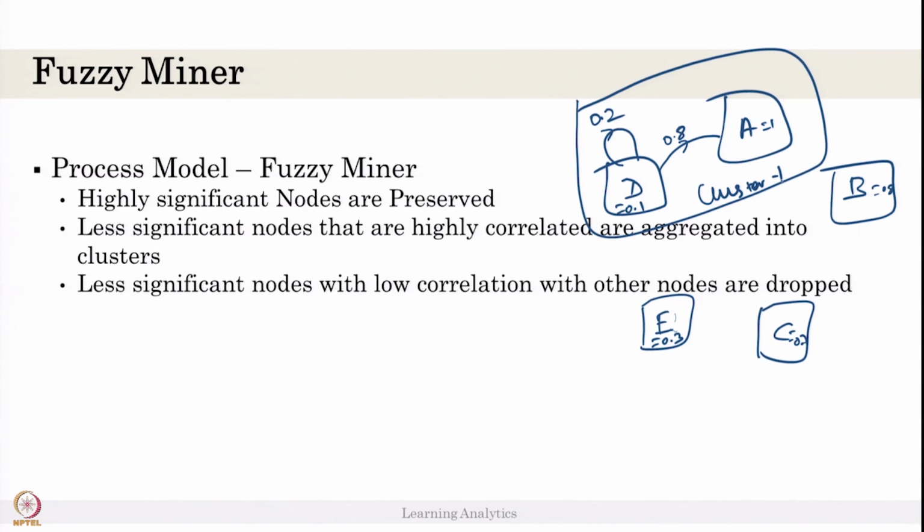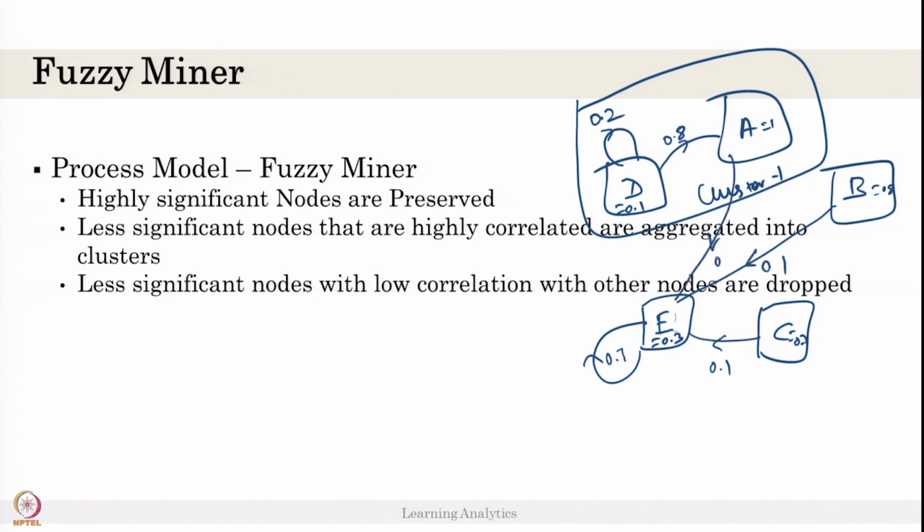And less significant nodes with low correlation with others are dropped. For example, consider this node is less significant, it has more self occurrence, say 0.7, and it has a co-occurrence of only 0.1.